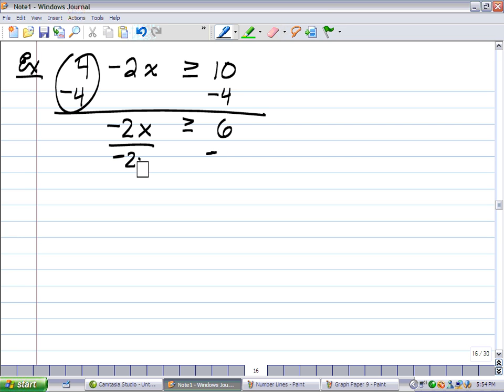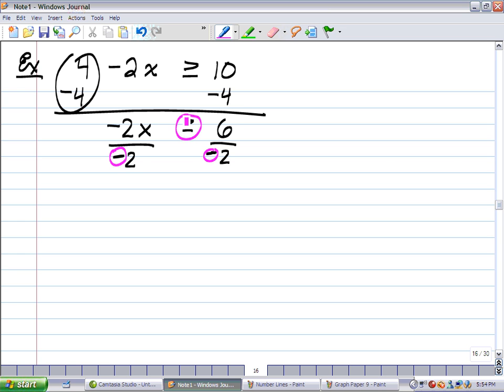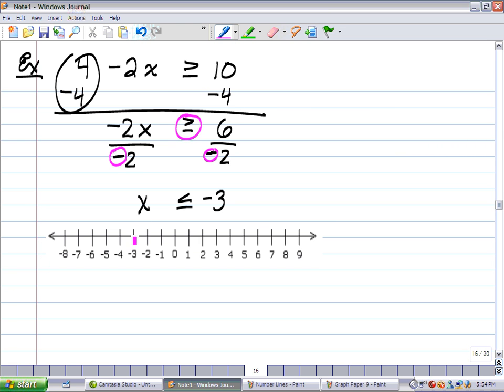Whoops, not 2x, just negative 2. I'm dividing by a negative. So that means this is going to have to turn around. So these are going to cancel, giving me 1x. This is going to turn around and become a less than or equal. 6 divided by negative 2 is negative 3. And how would I graph that? Negative 3 is included. It's going to be a solid dot.